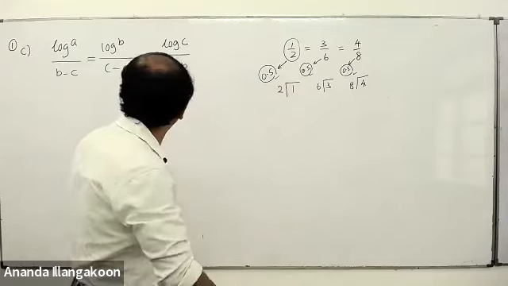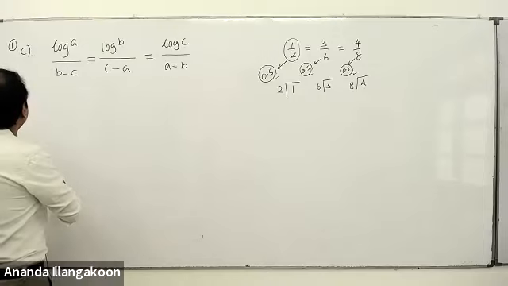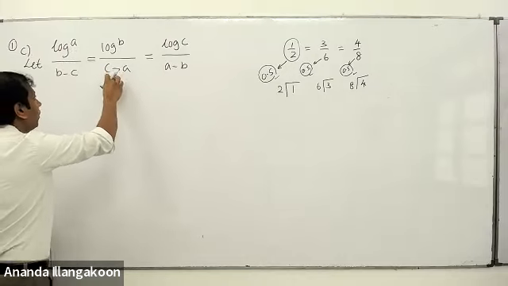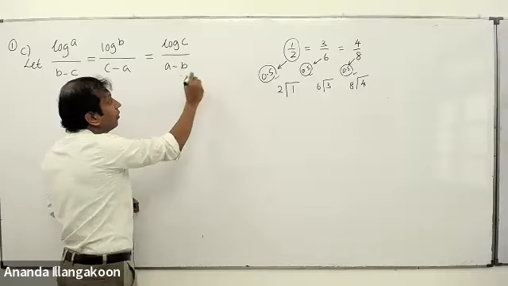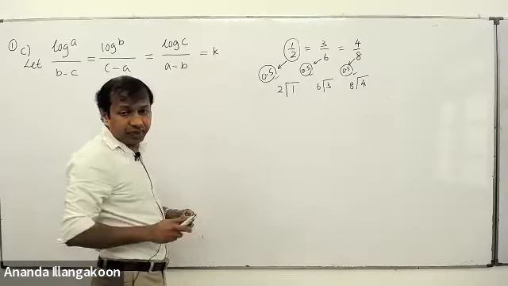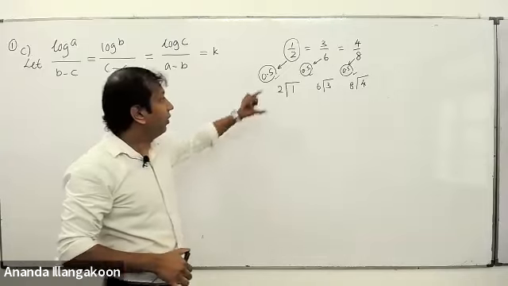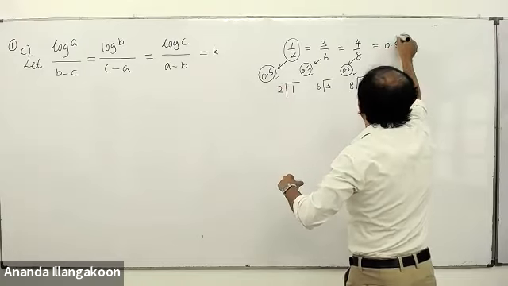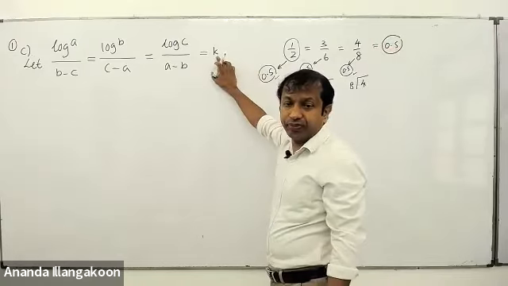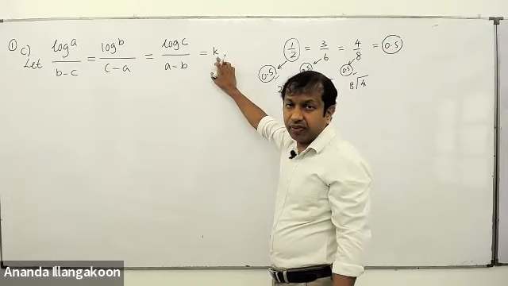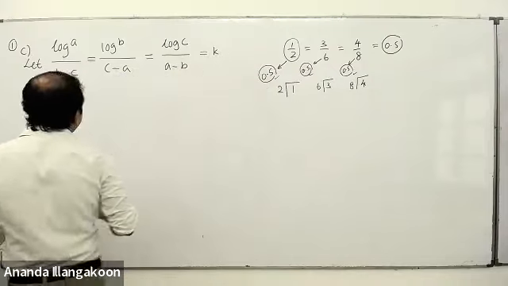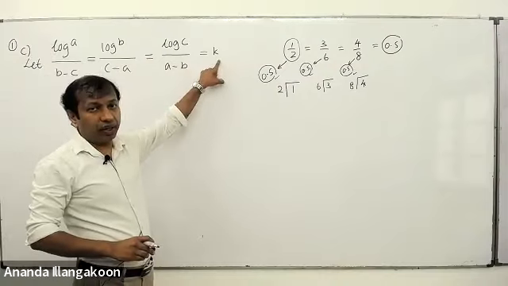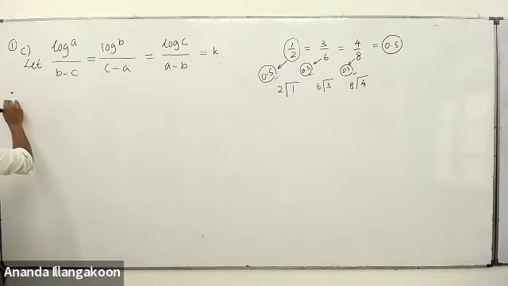Understood? So we can start like that. Let this divided by this equals this divided by this equals this divided by this equals k. This 0.5 is what we assume as k. Now the answer of each fraction is equal to k, so I can write that separately.